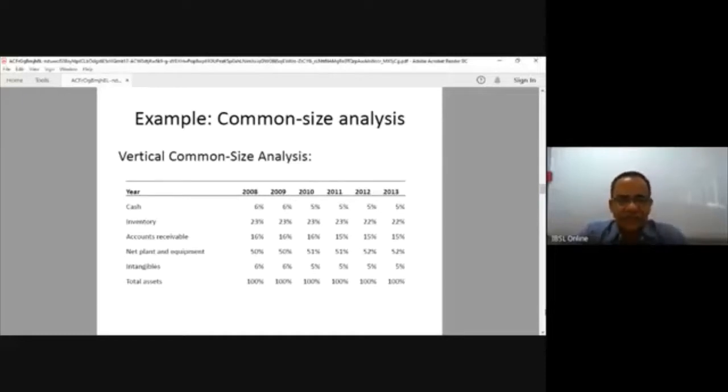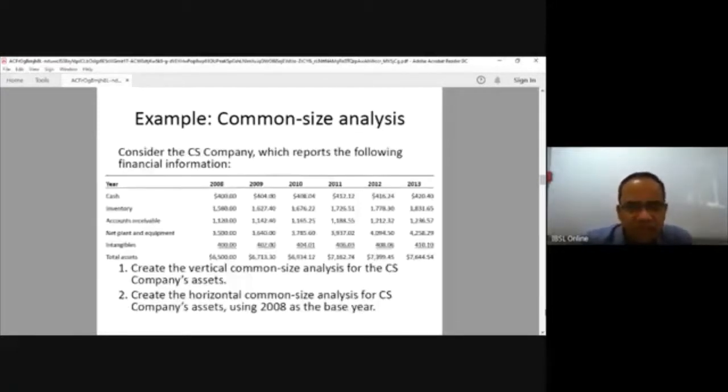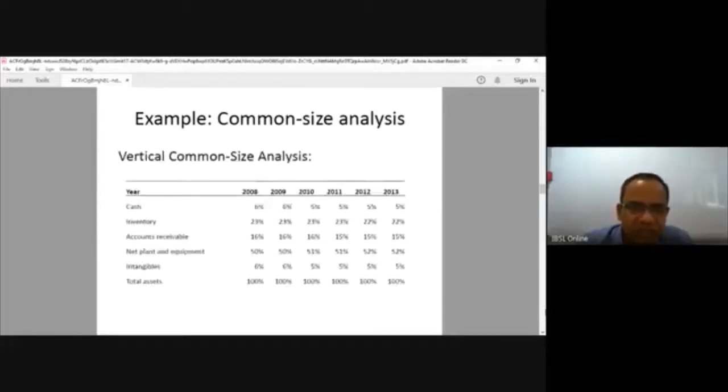So cash is how much, inventory is how much, account receivable is how much, net plant and equipment how much, intangible. So here you find that $6.5 million is the total. Now of that total, cash is how much? So you put cash is 6%, inventory 23%. So now when you do that for every year, for the total, it consists of what?